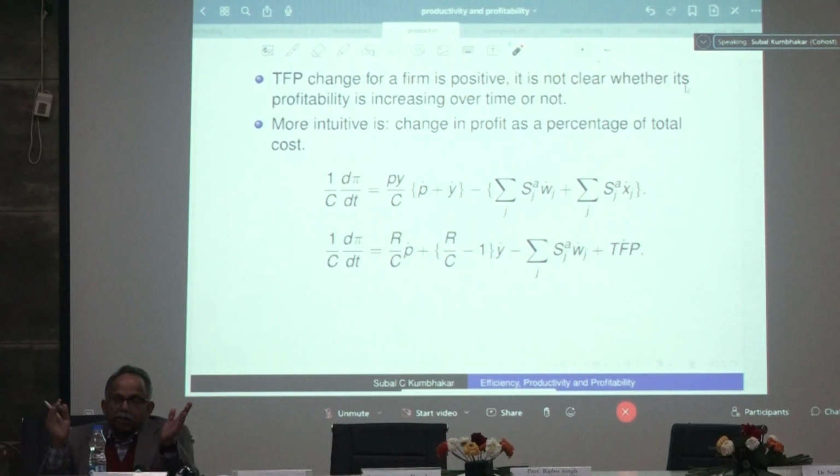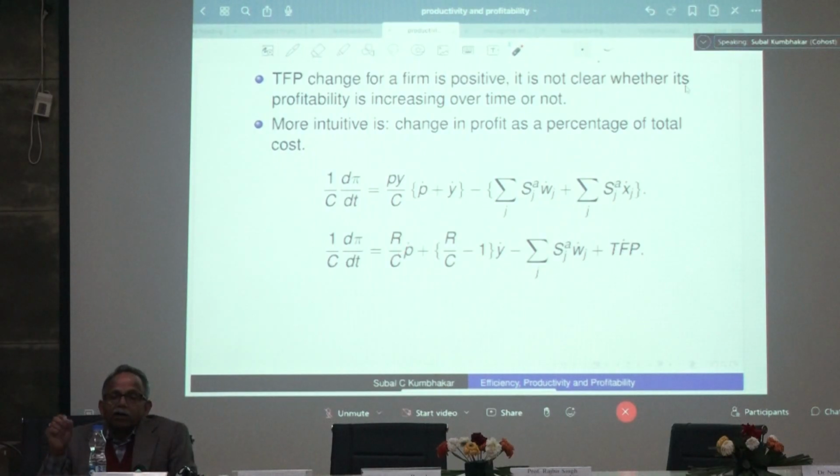All you do is estimate the production function, get the TFP dot components, and then add these two things to get this profitability change. Okay, so this profitability change does not require any extra work in terms of estimation. The extra work is just computation. So again, you need information on prices.